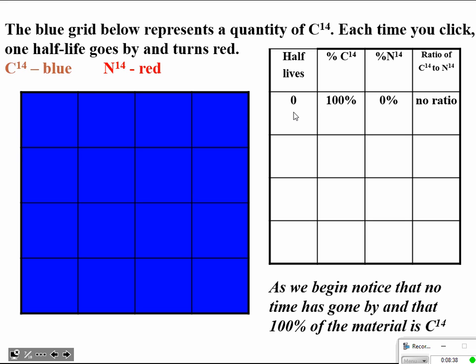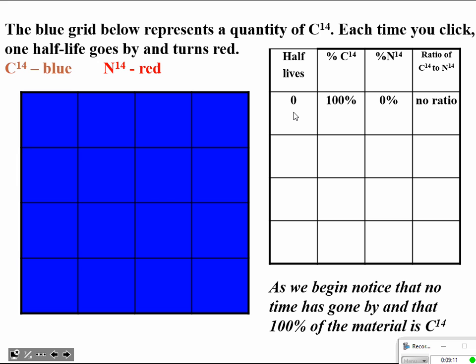So at the time that it became non-living, I have 100% of the carbon-14. No time has gone by, so my ratio is 100% carbon-14, 0% nitrogen. There's no ratio because I don't have any nitrogen.